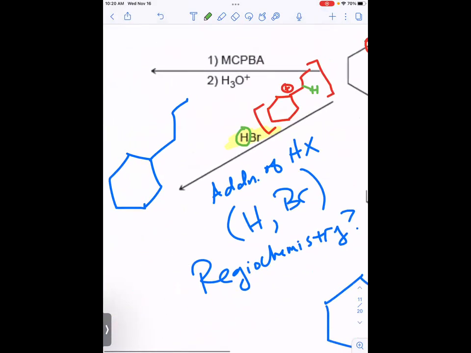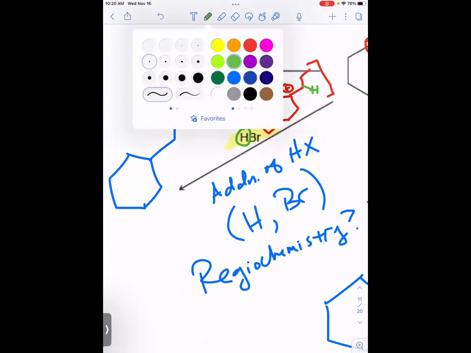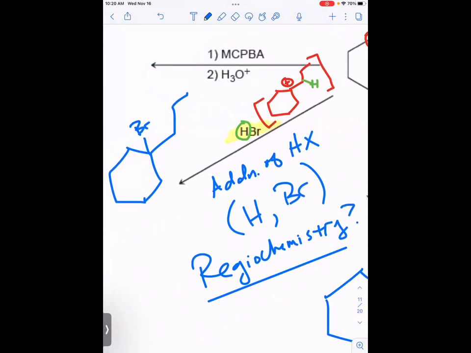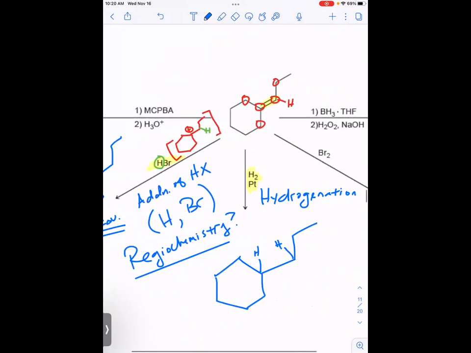So the bromine ends up on the more substituted side. That's why I wrote here regiochemistry as a question. What type of regiochemistry does this follow? Markovnikov. Good. So it's Markovnikov. Excellent.